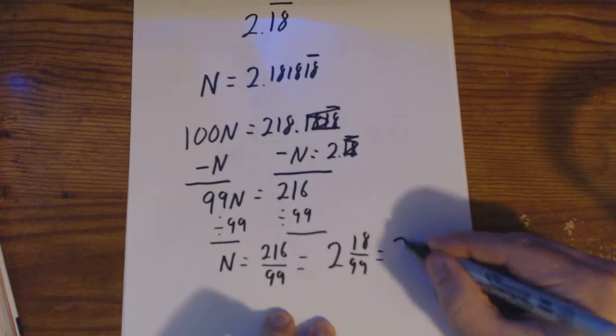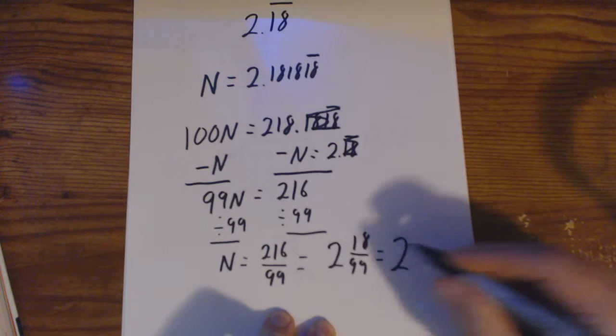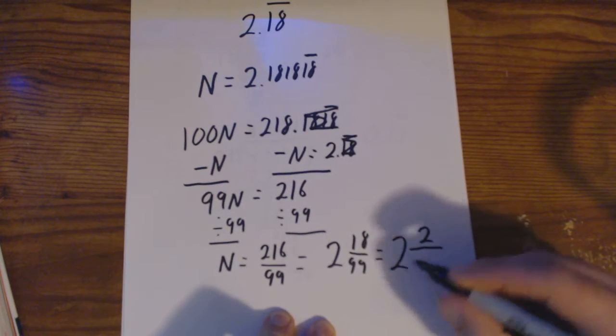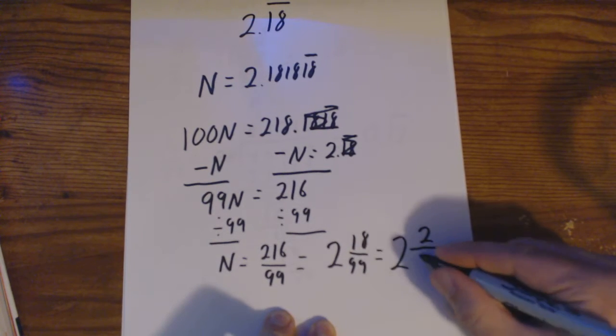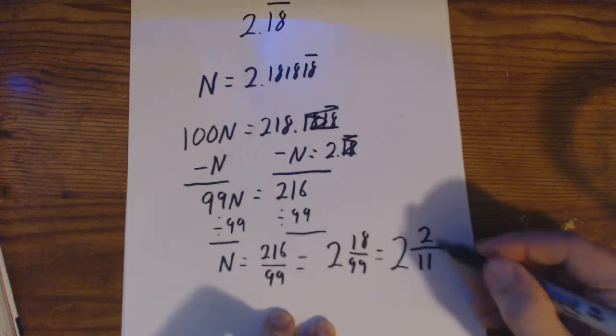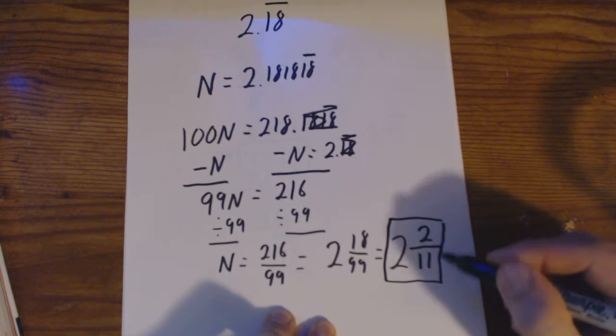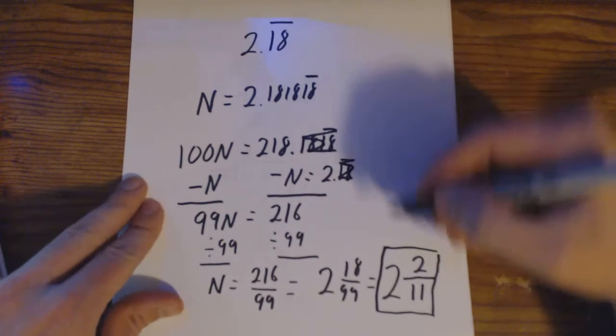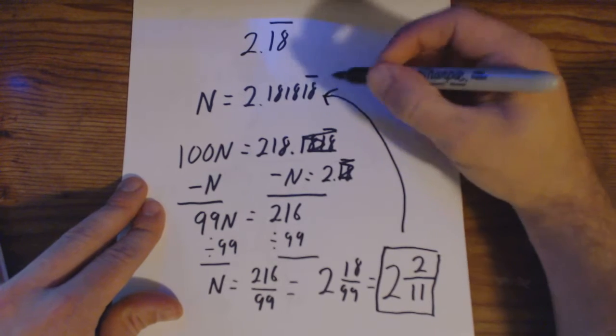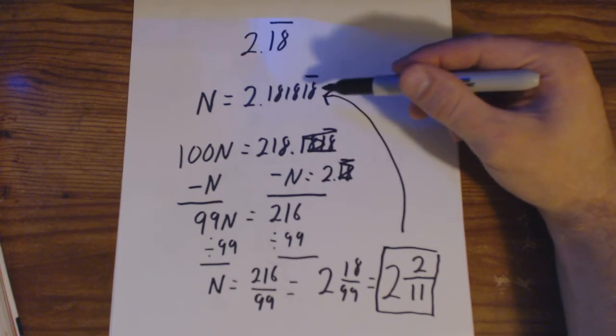We're going to keep the whole number of 2. We're not simplifying that. 99 divided by 9 is 11. Now these have no common factors, right? 2 and 11. So 2 and 2/11 is our fraction equivalent to this non-terminating decimal.